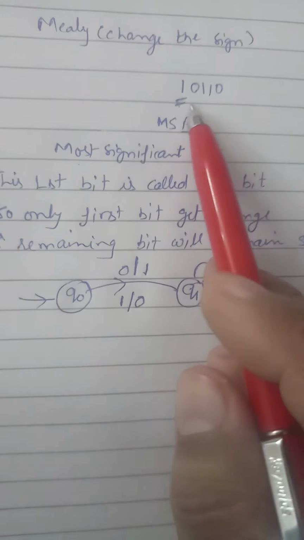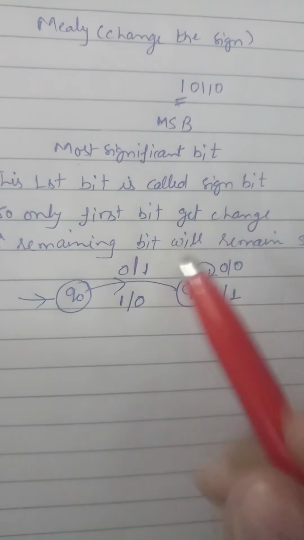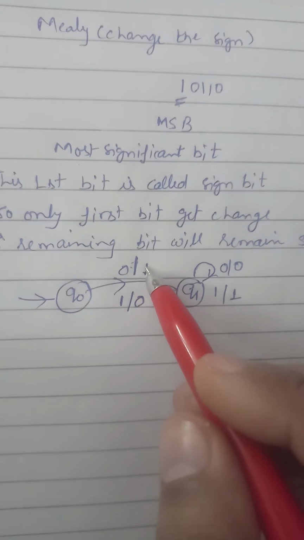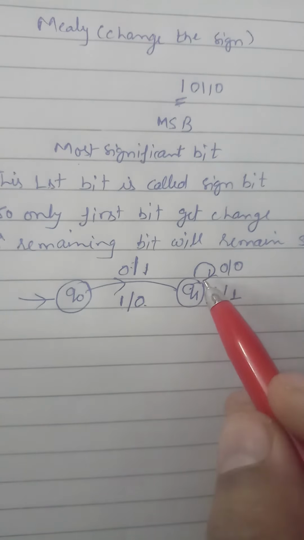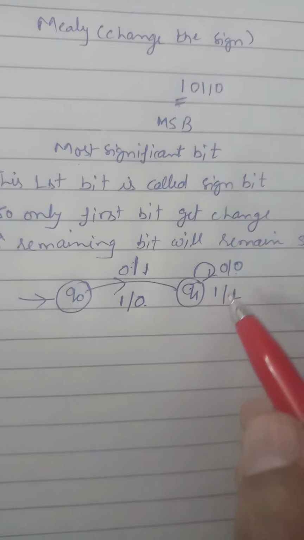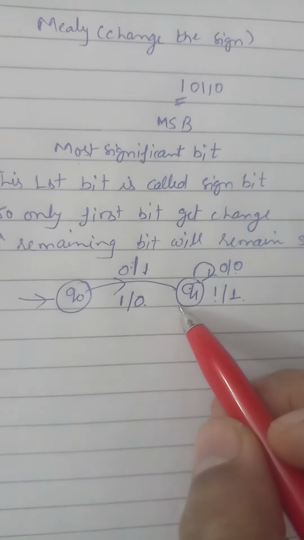As we have this string, only the first bit needs to change the sign. That's why for 0 we make 1 and for 1 we make 0, and the rest will remain the same. This is the Mealy machine to change the sign.